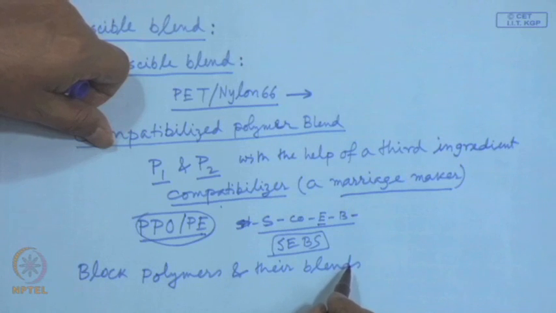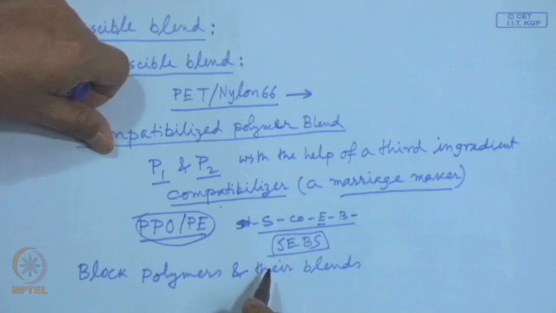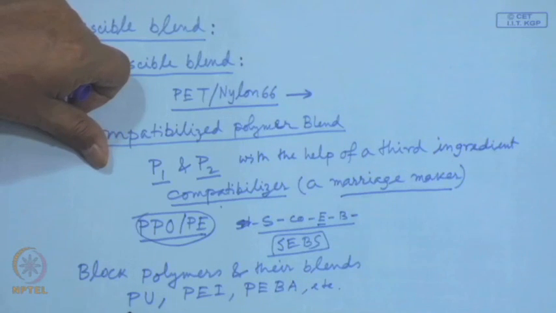These block polymers and their blends are basically made up of macro segments of different nature, say polyurethane, polyether imide, polyether block amide, etc. These polymers have macro segments, meaning the molecular weight of that segment is higher than that of a monomer unit.